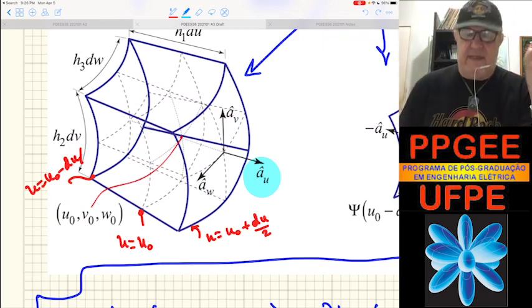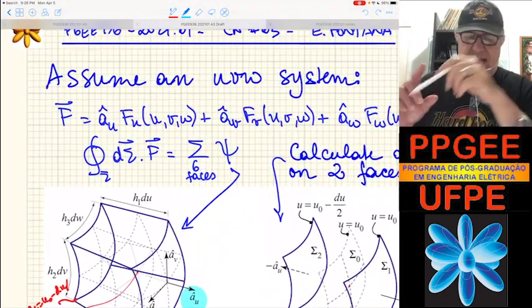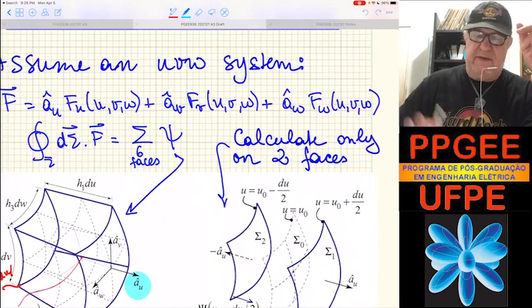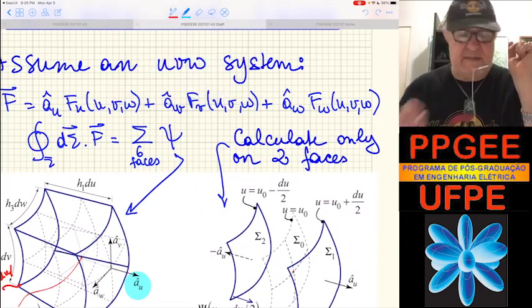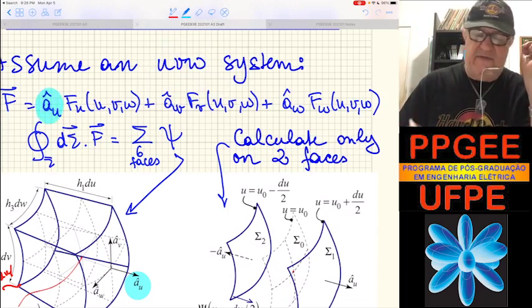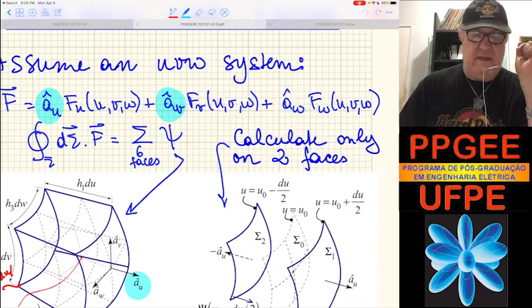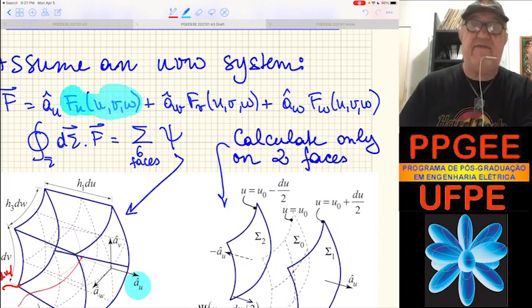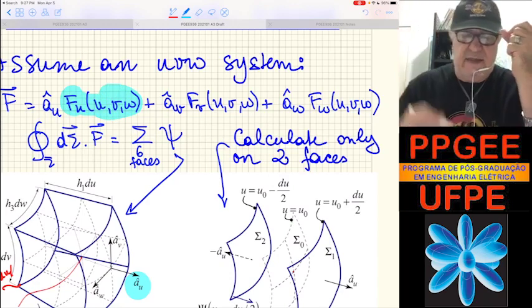So what we have here is that given the vector field in the curvilinear system, just recall that it's going to have 3 components, AU, AV, AW, along AU, AV, AW. Each component is a function of 3 variables, U, V, and W, right?